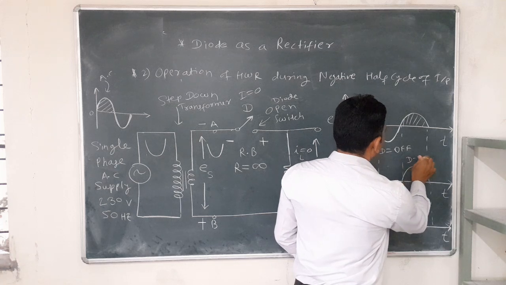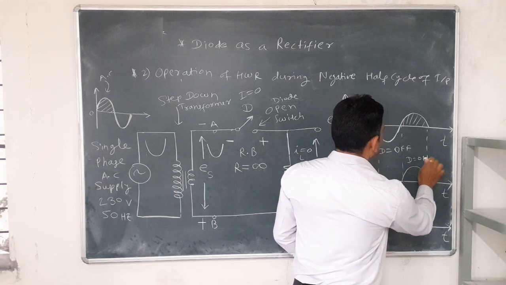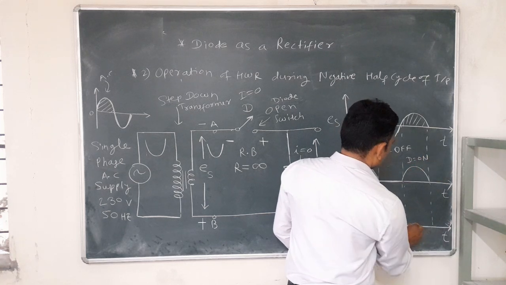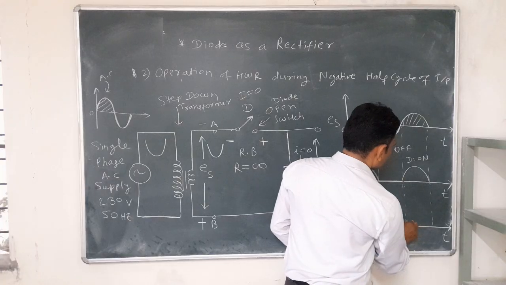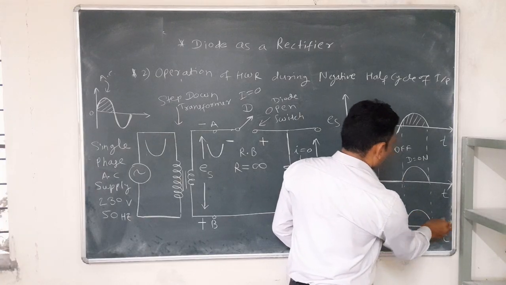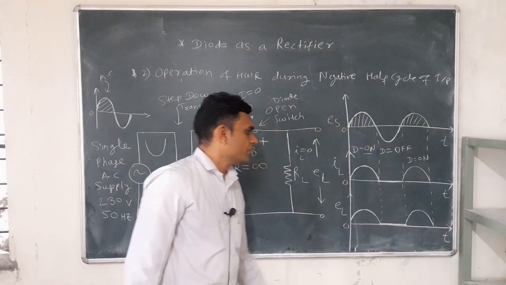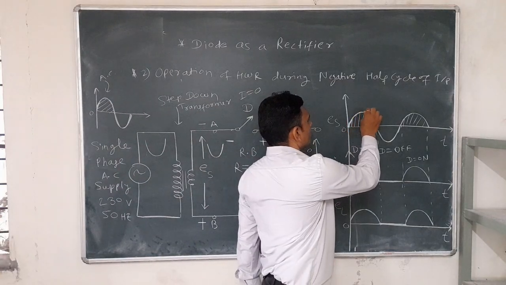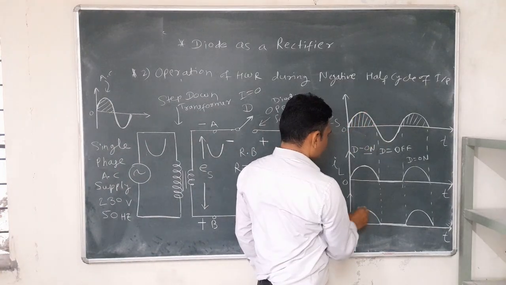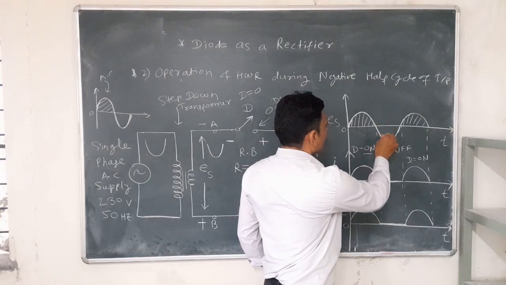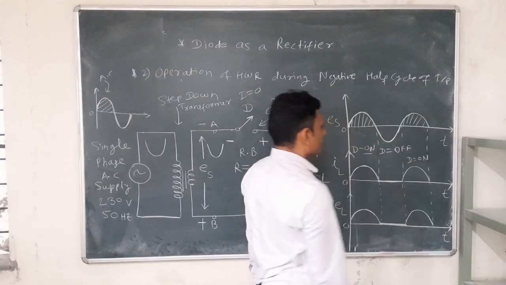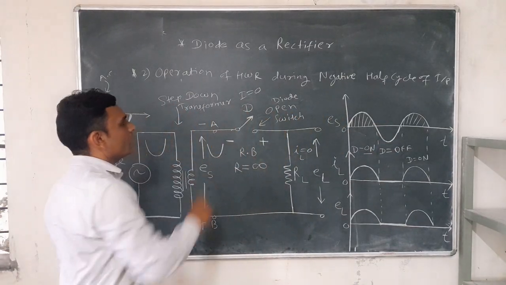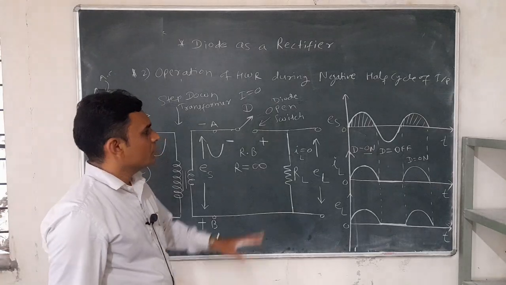Load current flows and therefore output voltage is available. So we get output only during positive half cycles, and in the negative half cycle the output is 0 in case of a half wave rectifier.